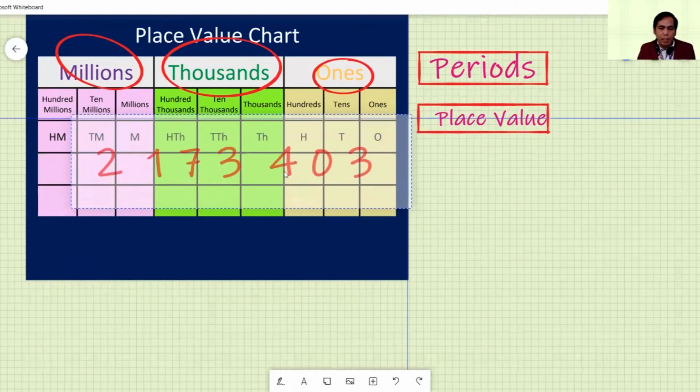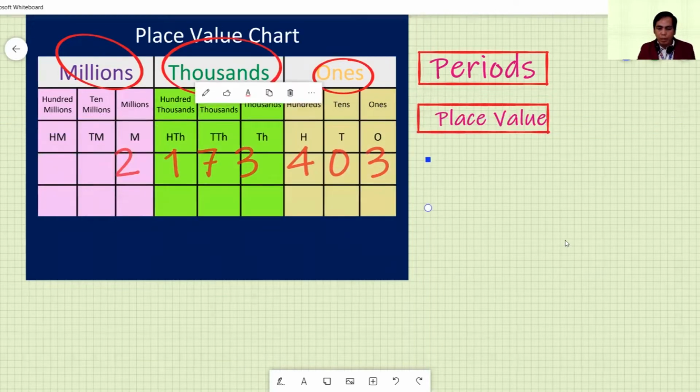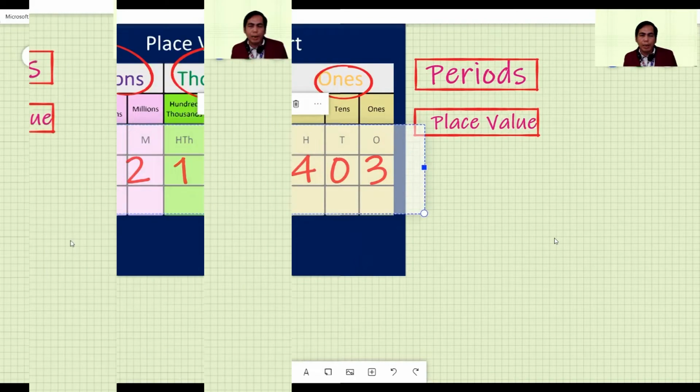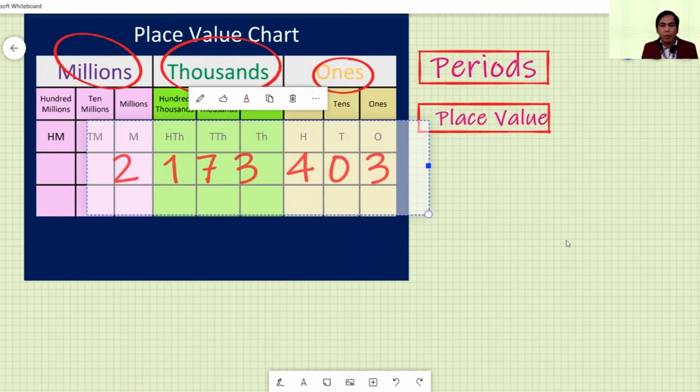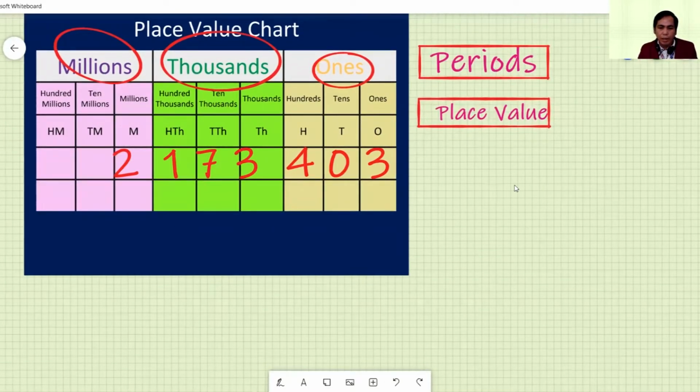So when we place this in our place value chart, we have to remember that we have to start from the rightmost part of the chart, which is the ones period with the ones place value, and go to the left. Now, looking at our numeral, we can see that the 3 is found in the ones place, 0 is in the tens place, and 4 is in the hundreds place.